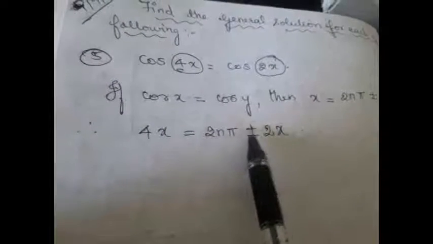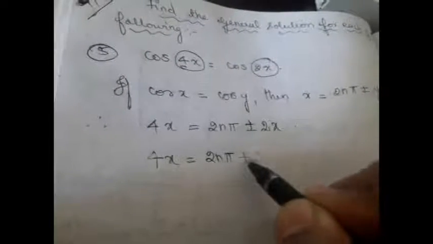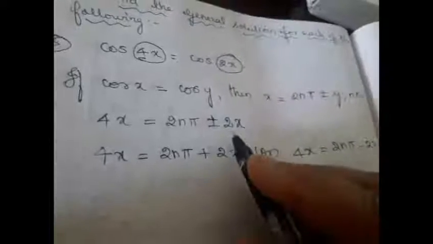Now here also we are having x, here also we are having x, so we should bring the like terms together. Before that we have plus or minus here, so we have 2 options. 4x equal to 2n pi plus 2x is one solution. The other one is 4x equal to 2n pi minus 2x, because it is plus or minus.